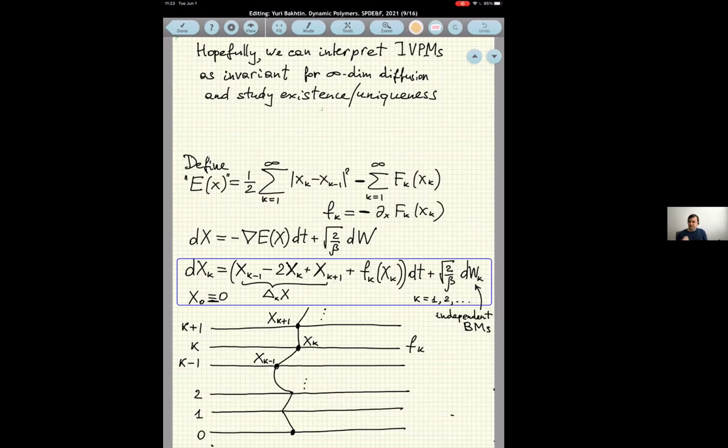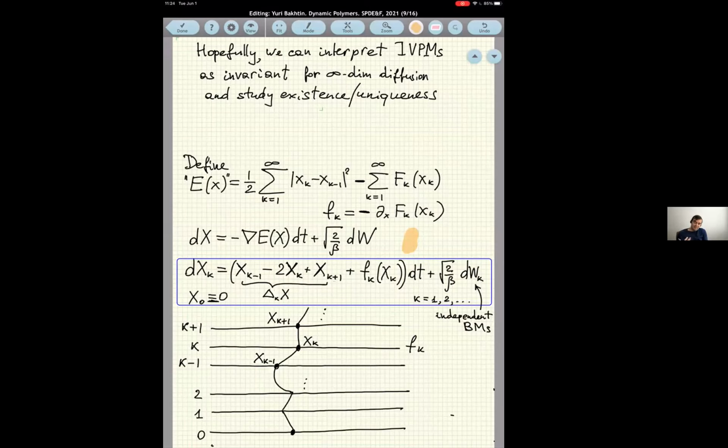And since the energy is local, you have dependence only on neighboring coordinates. You can make sense of this equation. You can still formally write it like this, and then decipher what it means in coordinates, and you get this equation in the blue rectangle.